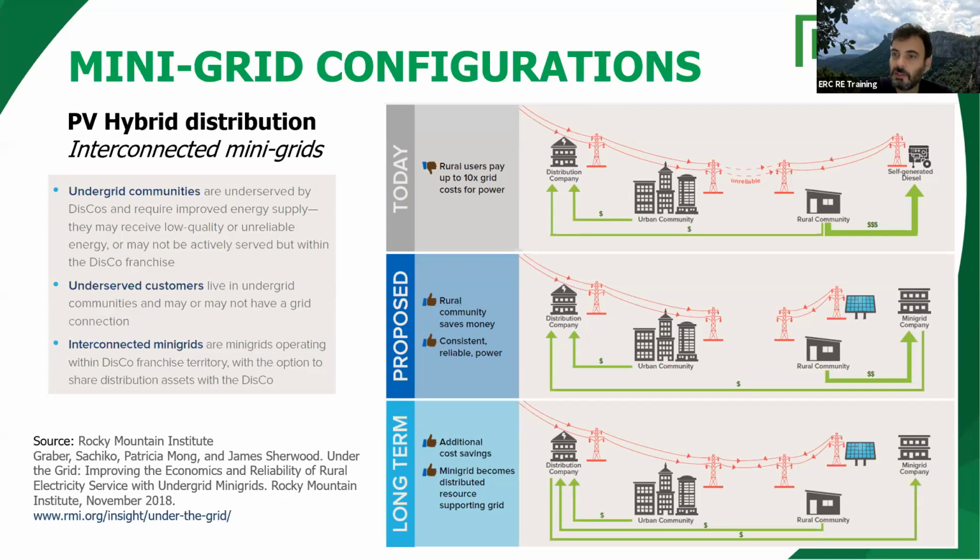But before they can reach the grid, there's an intermediate solution by developing mini-grids, which could be even developed locally with the participation of local or national companies. They don't need to wait for foreign investors to come in. So this is a story of an evolution in the grid architecture. This is a little bit the point I wanted to make.